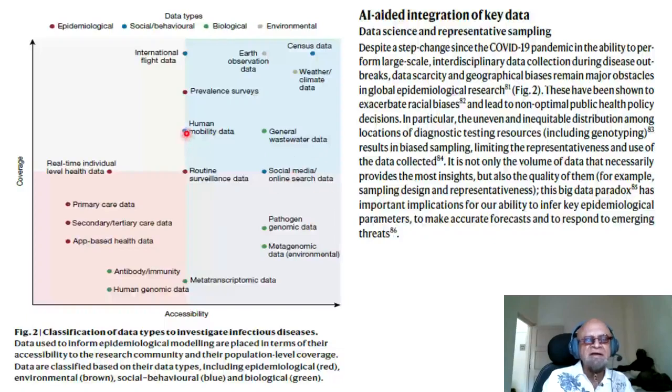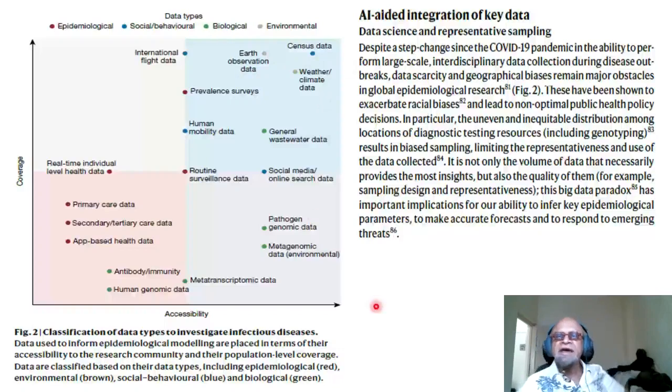Human mobility data coverage goes up, but accessibility still remains low, just surveillance, monitoring, and privacy issues as well. General wastewater data, prevalence surveys, international flight data, coverage is high, but accessibility can be low. Earth observation, census data, weather and climate data, and so on and so forth.